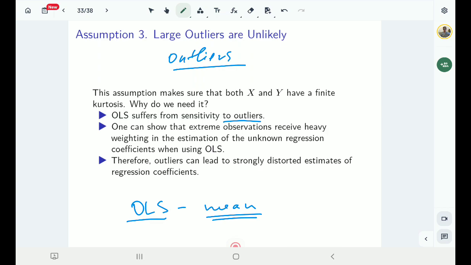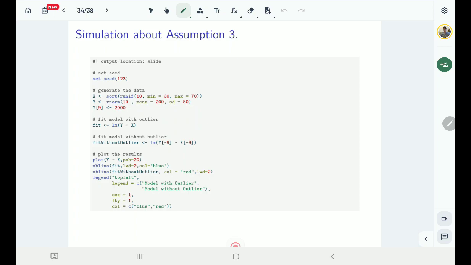Okay, and now the simulation about assumption 3. The idea is very simple. You are generating random data. The true model is that y and x are related to each other, but you add an outlier to y.